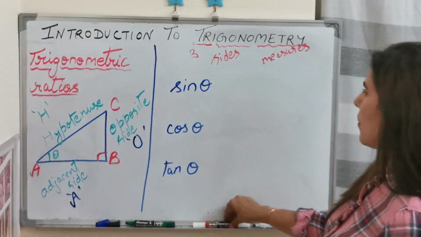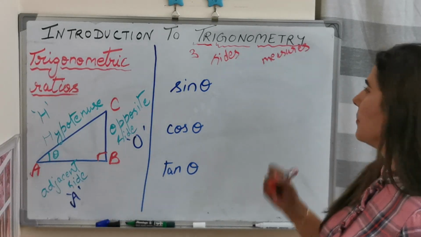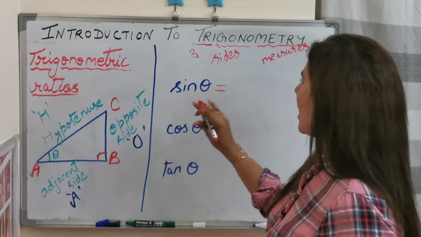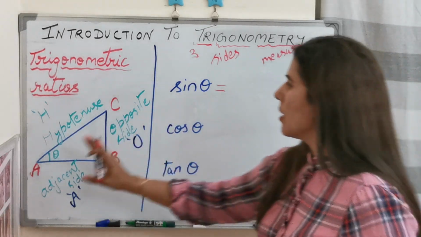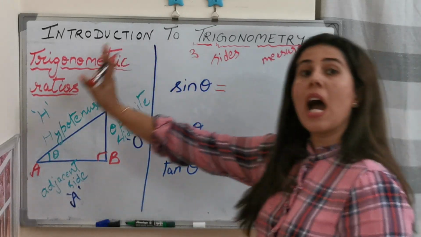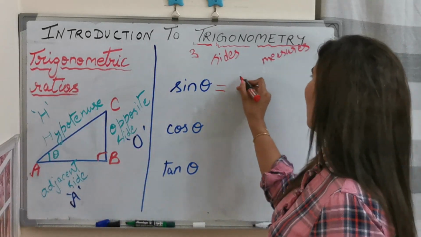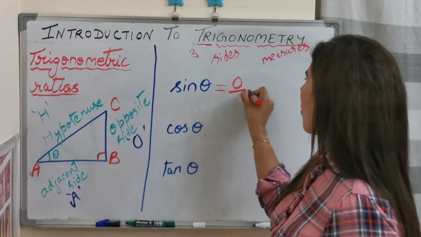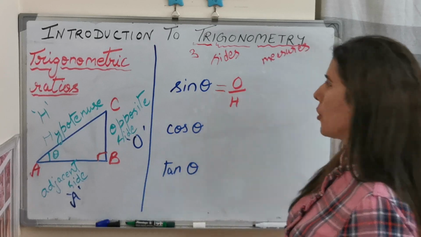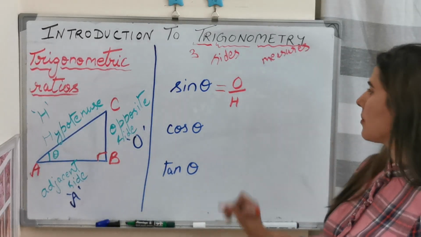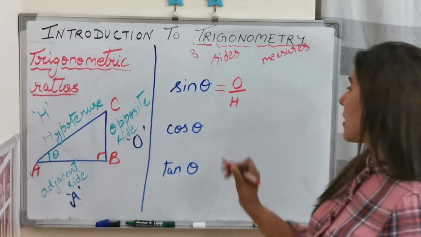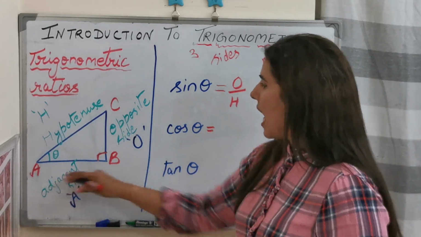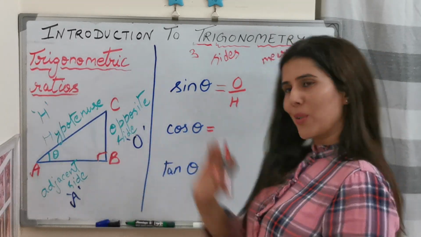So here firstly we will deal with sine of theta. Sine of theta is opposite over hypotenuse. So here I am writing the notations which we are using: opposite over hypotenuse. The value for cos theta is adjacent over hypotenuse.